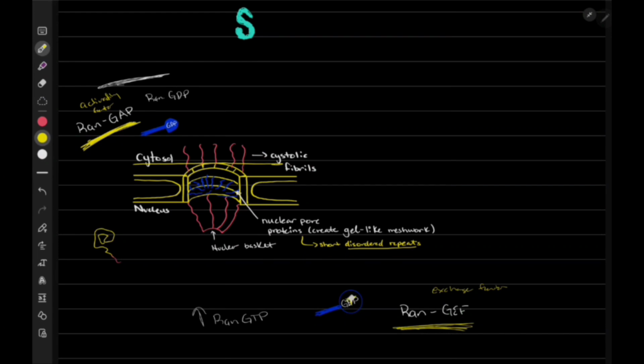So this whole cycle is run by GTP hydrolysis, so that the import receptor is able to come in and go out of the nucleus through this whole process that is run by GTP hydrolysis.